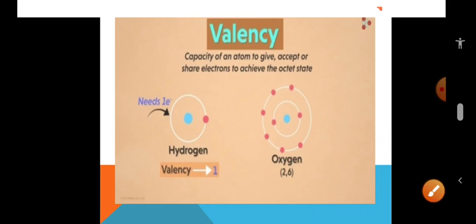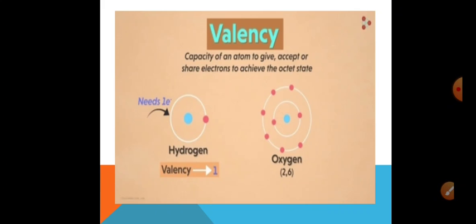Similarly, just bring this example to the atom. Those 3 rooms will be in the outermost orbit of any atom. Not only 3 rooms, it depends on the atom, on the different material. Now, the concept of valency, what does this mean?